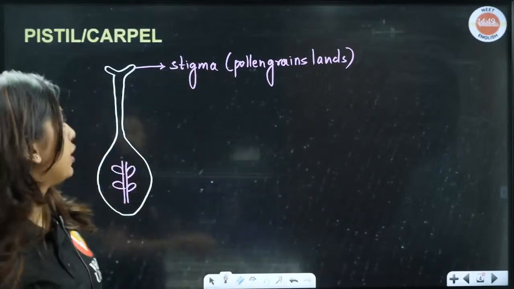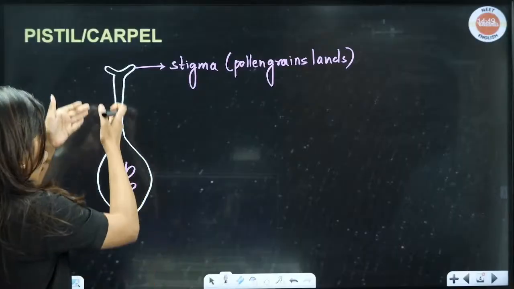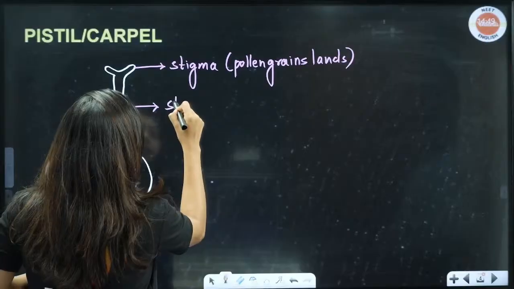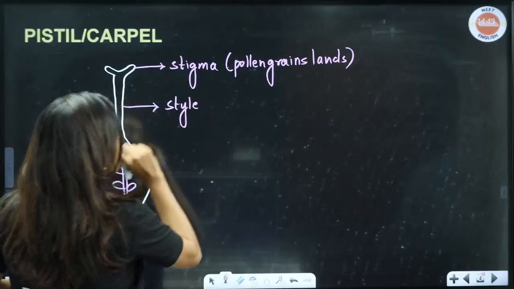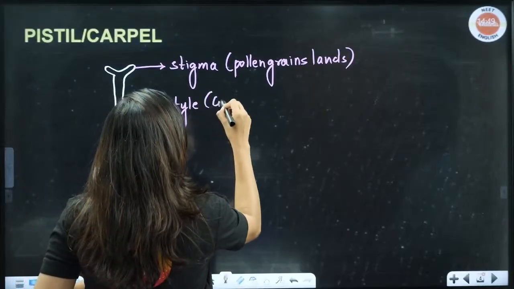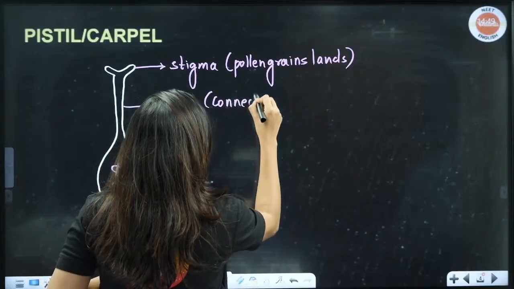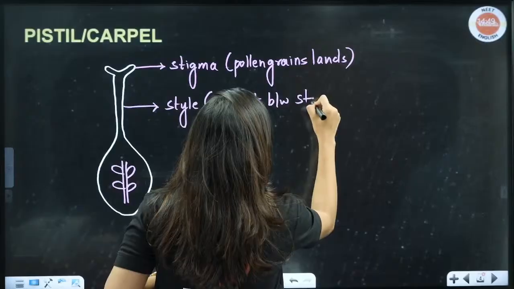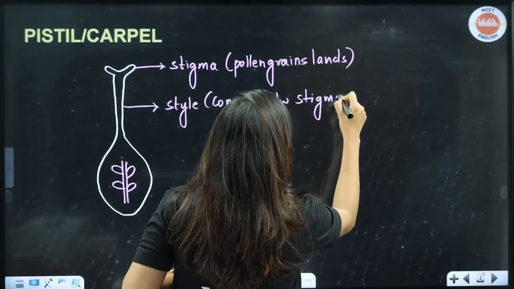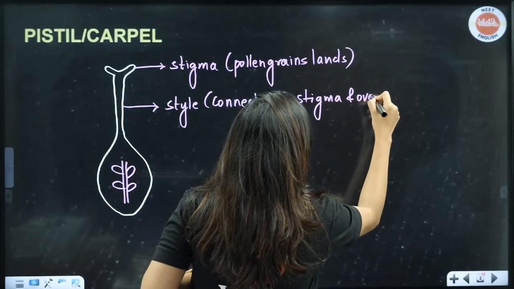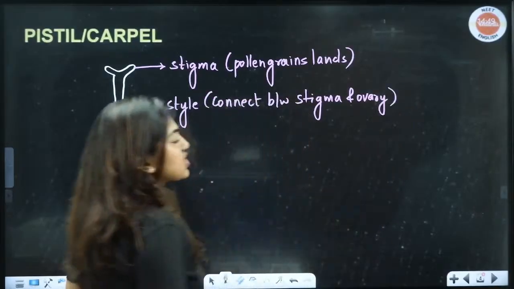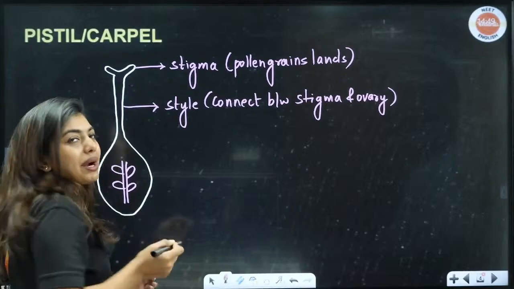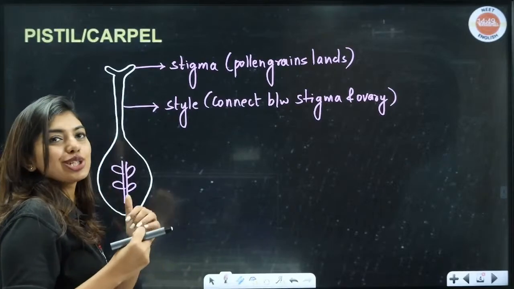Now look here, further down you can see one long slender structure. This is called the style. Style is basically a connector between the stigma and the ovary. Clear to all of you? Now if you come here, the swollen part has everything that is going to go forward.